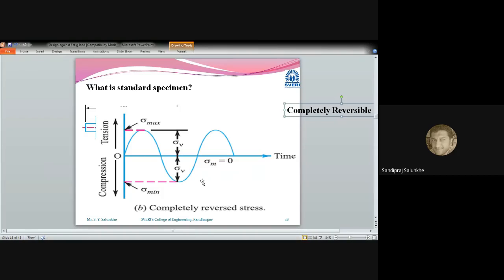Now, how can we achieve it? If the tensile stress generated in that component is 10 megapascal, then the compressive stress has to be 10 megapascal.